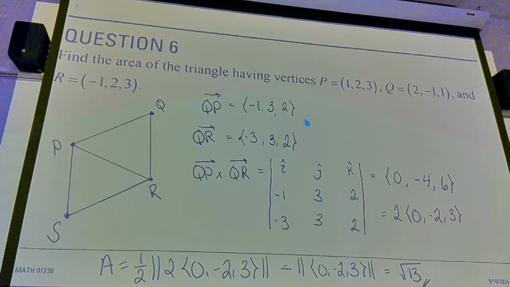Cross one. Okay, positive. So it would be 1 times 0 minus negative 2 times negative 0, and then the opposite sign of that.